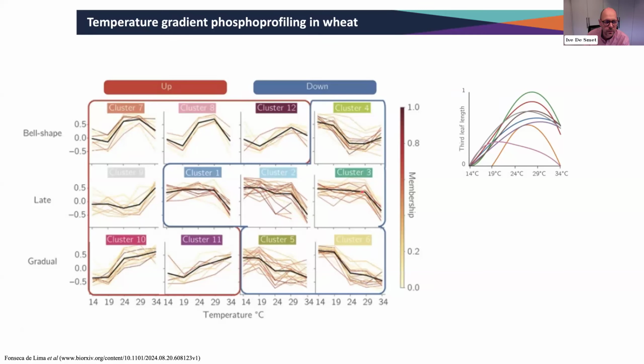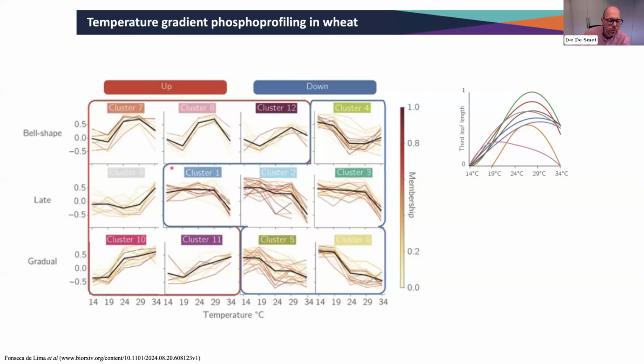But we also find a number of clusters that are very similar to the profile we see here, which means that they are either upregulated and peaking at 24 to 29 degrees, or going down at these temperatures.